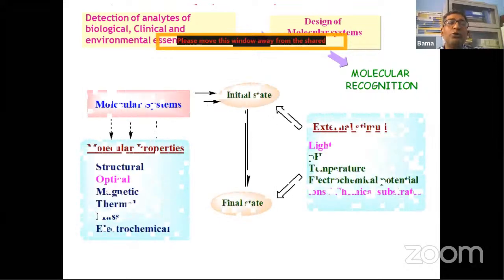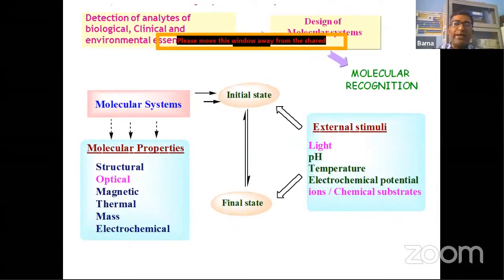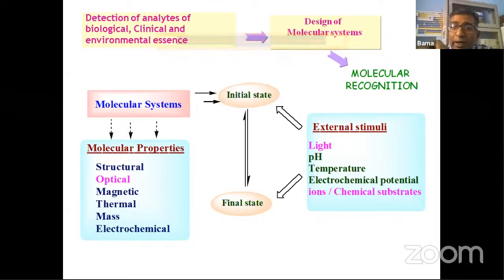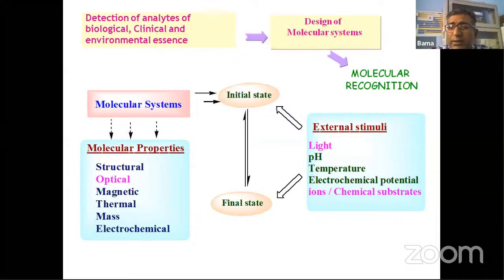We can describe it as a molecular system having various molecular properties, which can be structural, optical, magnetic, thermal, mass, electrochemical, anything. It stays in an initial state, but under the influence of external stimuli, light, pH, temperature, or any parameter we can think of, it goes to another state.